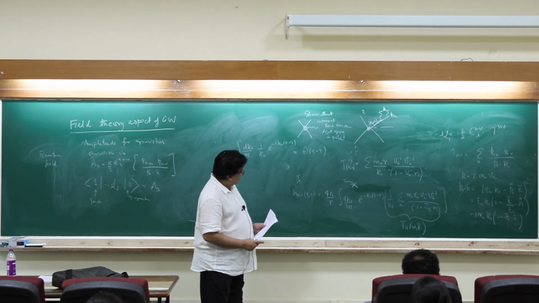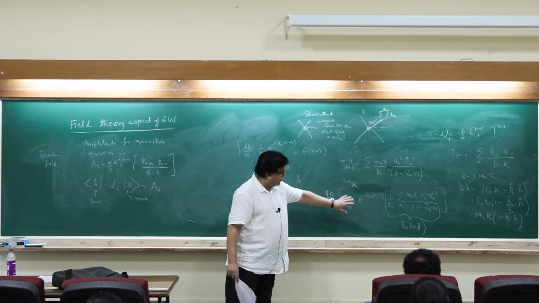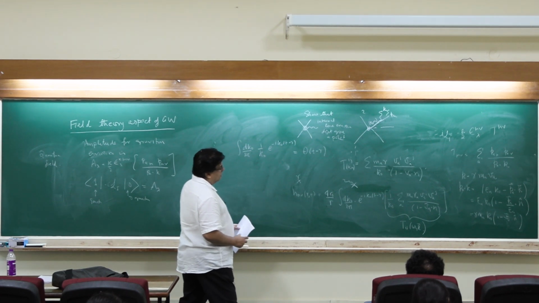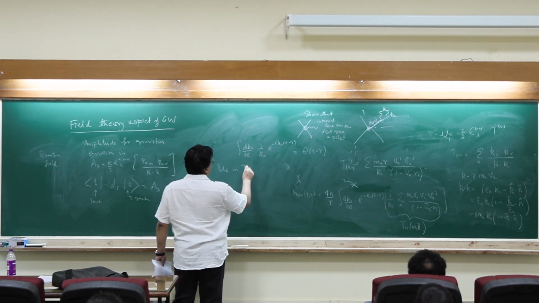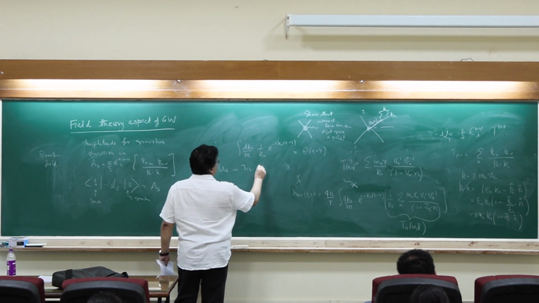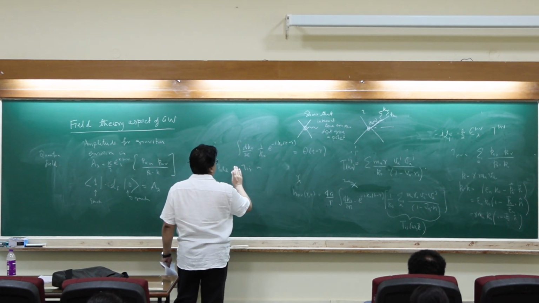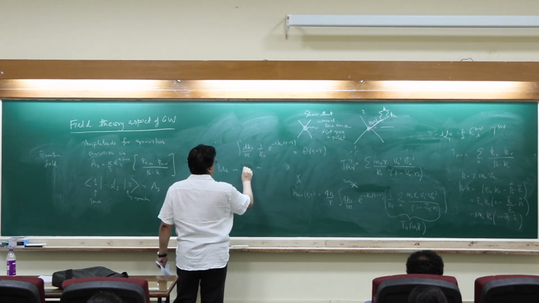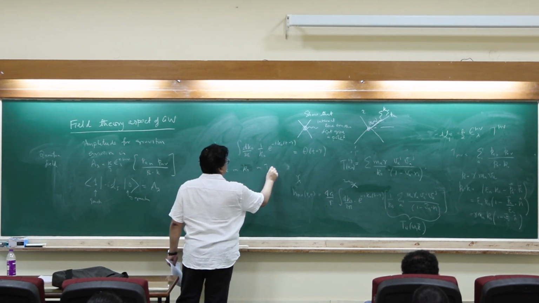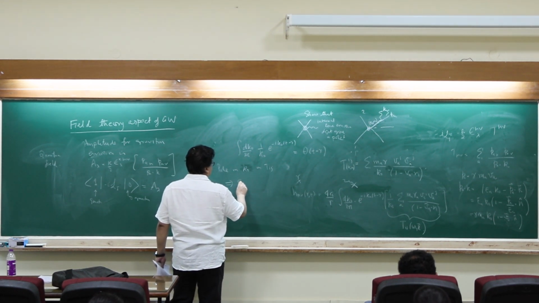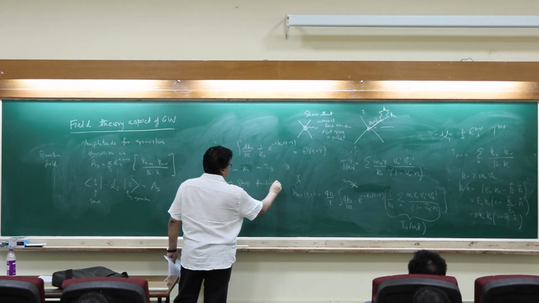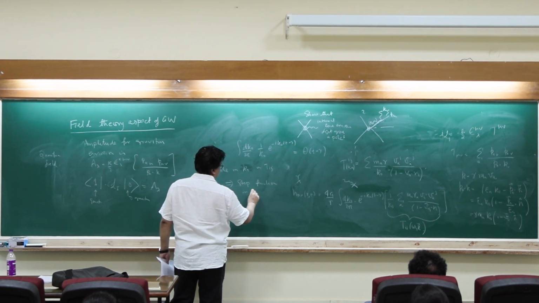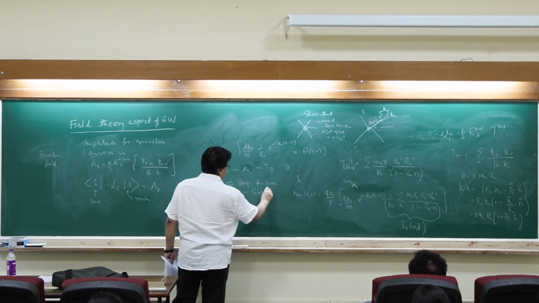So assuming that this is the formula, which I'll show you later, a pole in k naught in Tij implies a step function in the GW signal.